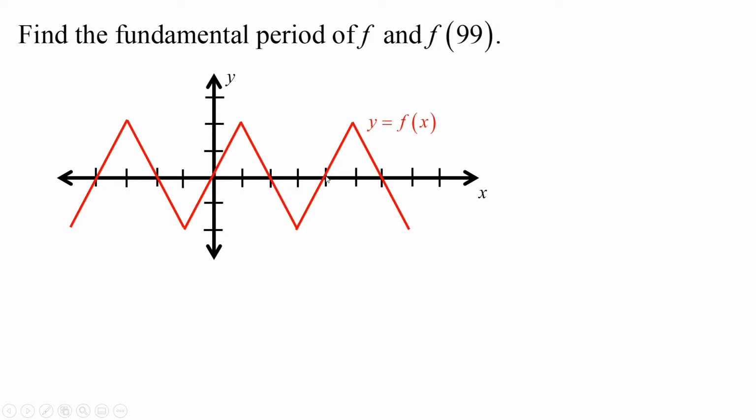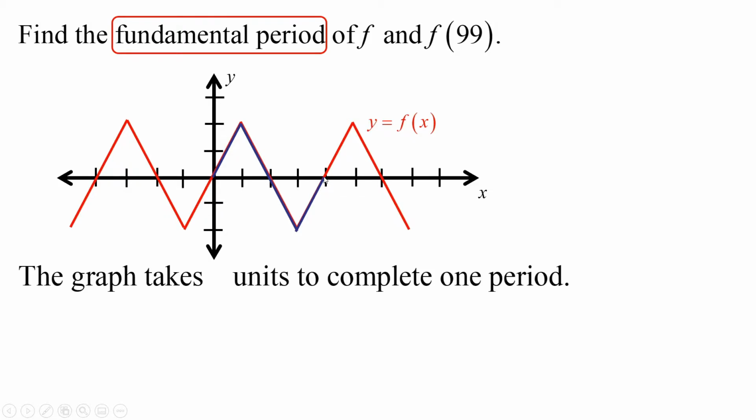And it looks like this distance right to there, that pattern is being repeated over and over again in both directions. So that tells me that this function has a fundamental period of 1, 2, 3, 4 units. The graph takes 4 units to complete one period.